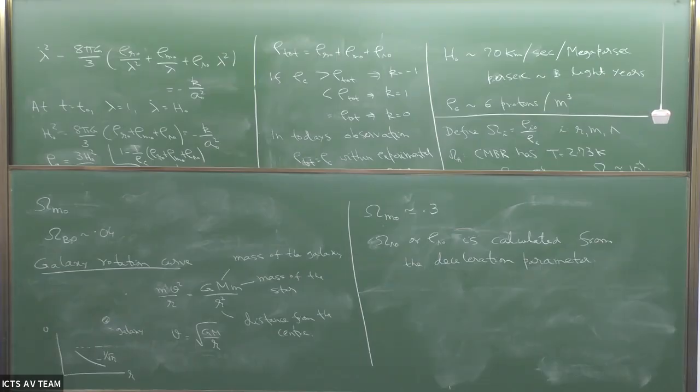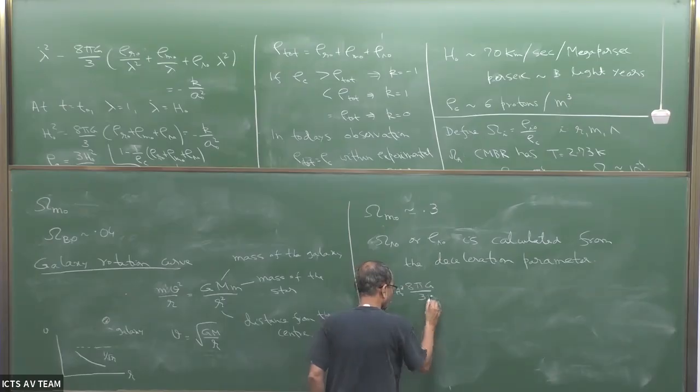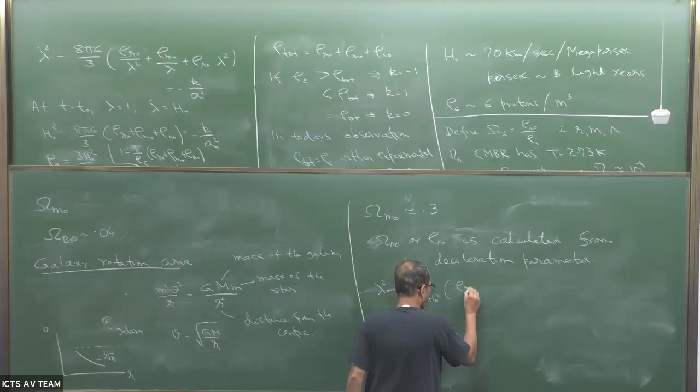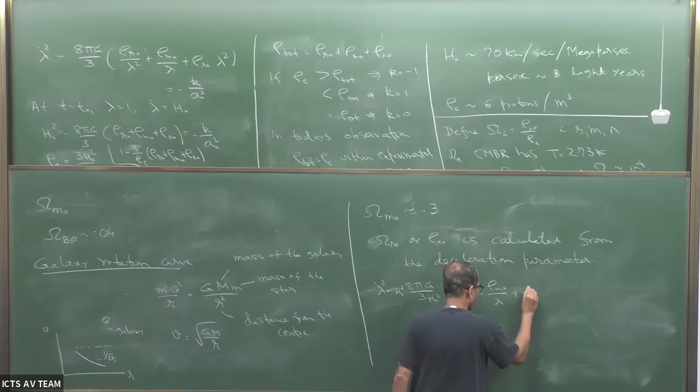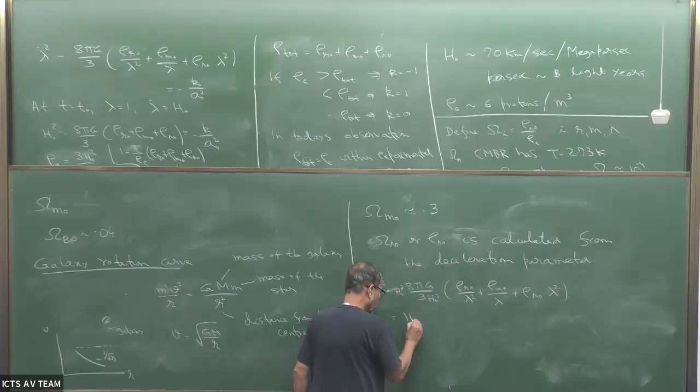So for this, let's just look at the equation again and write this equation as lambda dot square as, which I'll write as h naught square.